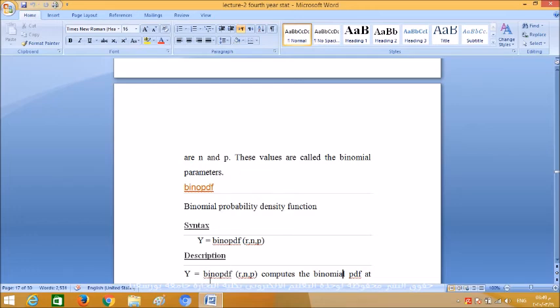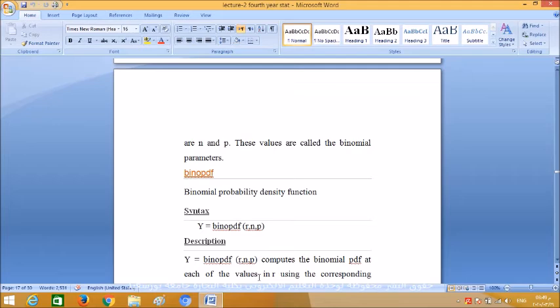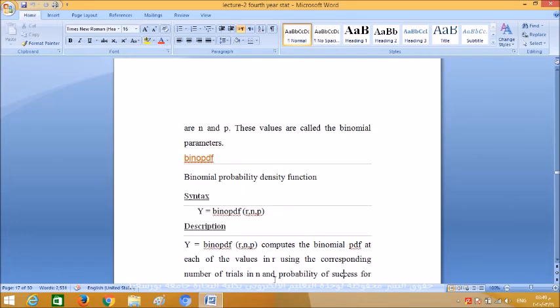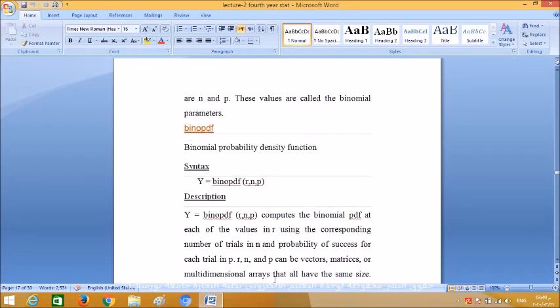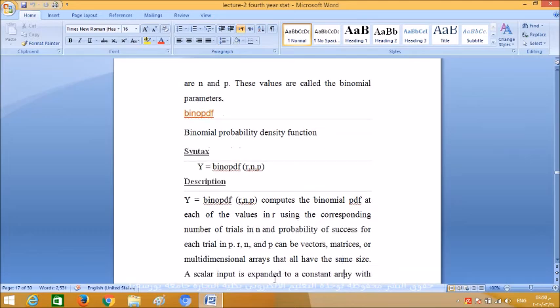So y equals binopdf(R, N, P) computes the binomial pdf at each of the values in R using the corresponding number of trials in N and the probability of success for each trial in P. R, N and P can be vectors, matrices, or multidimensional arrays that all have the same size.